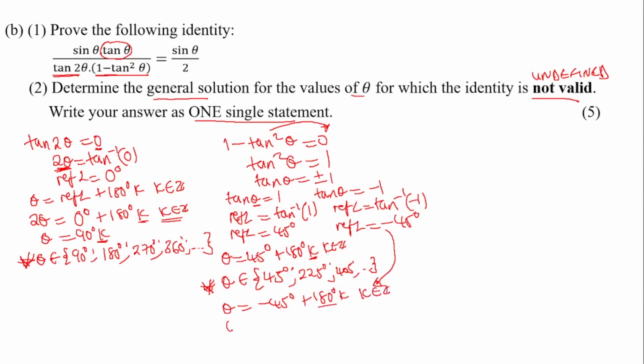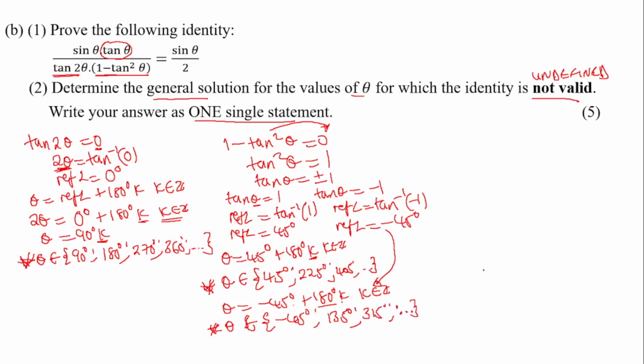If k is 0, our theta is going to be -45. And then if our k is 1, it's going to be 180 minus 45, which is 135 degrees. And then if k is 2, it's going to be 360 minus 45, that is 315 degrees. It goes on like that.